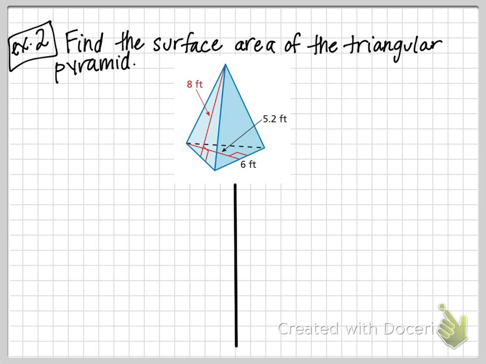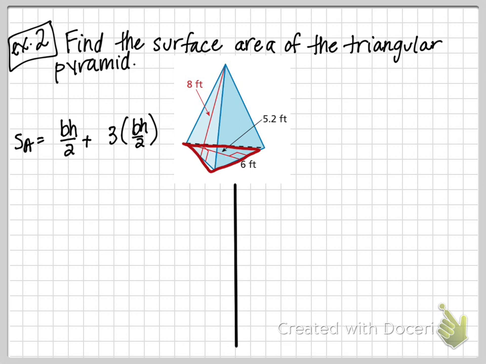Let's just talk about our base triangle. What's the base of the triangle that forms our base? What's the length of the base? Yeah, 6. And what's the height of our triangle that's on our base? Look at the triangle on 5.2.